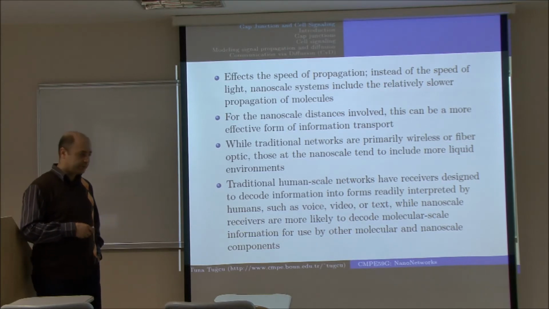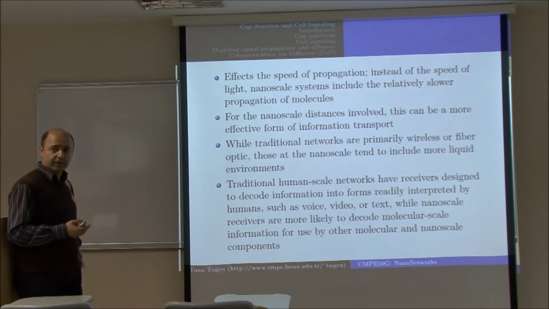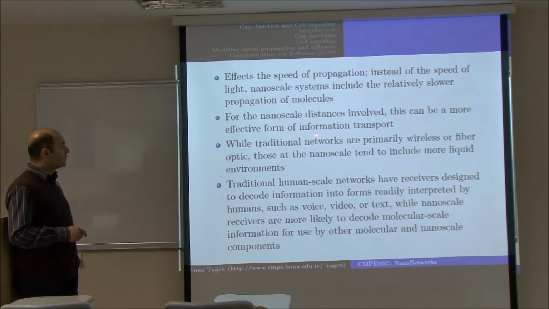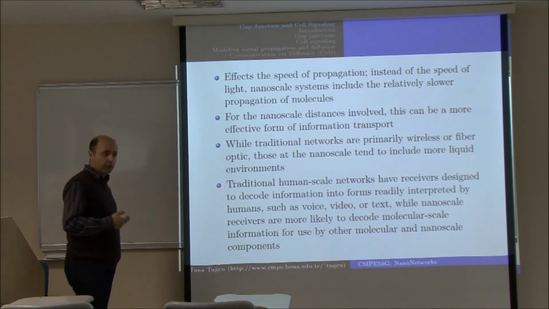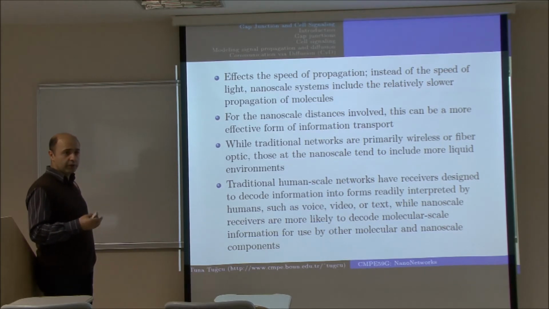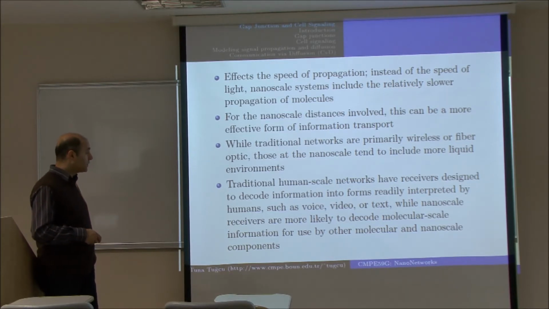Whereas in traditional networks, we talk about kilometers or tens or hundreds of kilometers. The traditional networks are primarily wireless or fiber or copper-based. In nanoscale, we're mostly talking about liquid environments, especially for molecular communications.